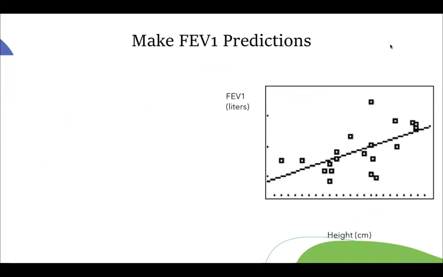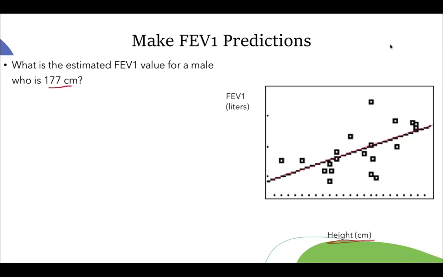Okay, so let's look at the points again. We got the points of our scatter diagram. We've got the line of best fit going through the center of the points. Height is on the horizontal axis. FEV1 is on the vertical. 177 centimeters is a height that we can locate on the horizontal axis.